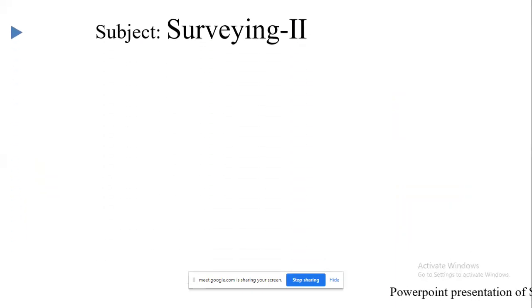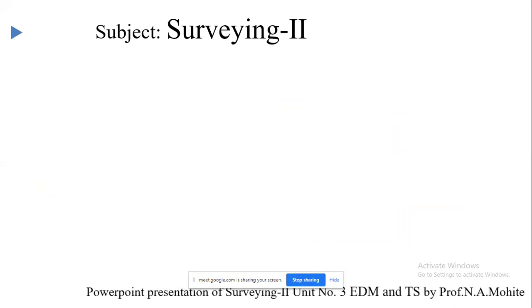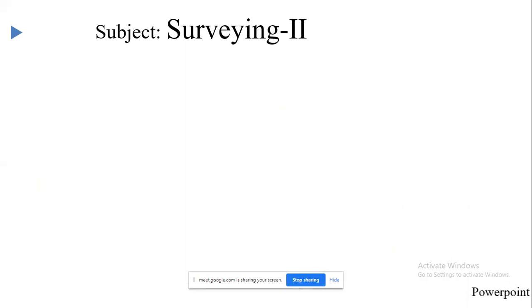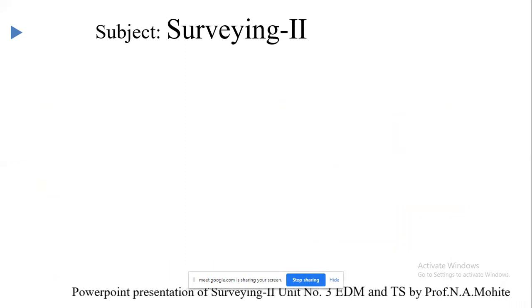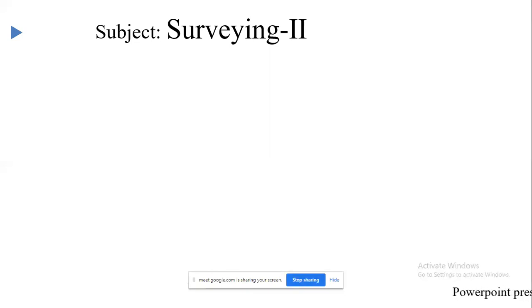So in the previous part, we started with Unit 3, that is modern surveying equipment and road project. In it, we started with the principle of EDM. What do we mean by EDM? What are the types of EDMs?